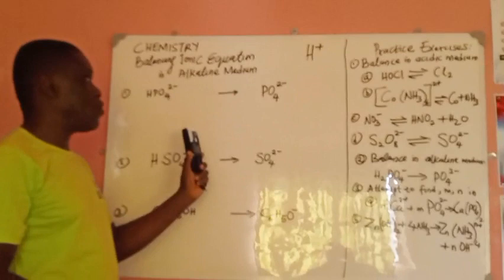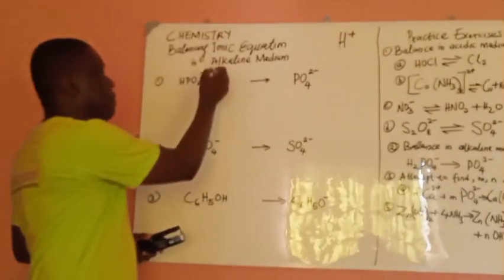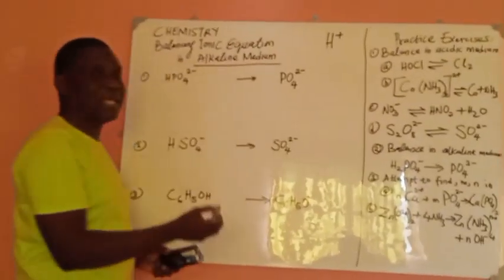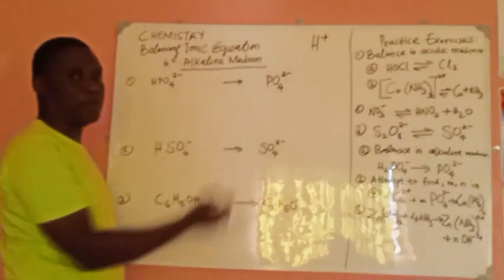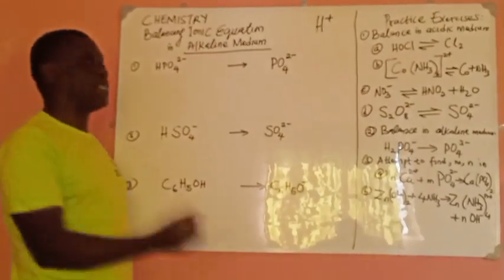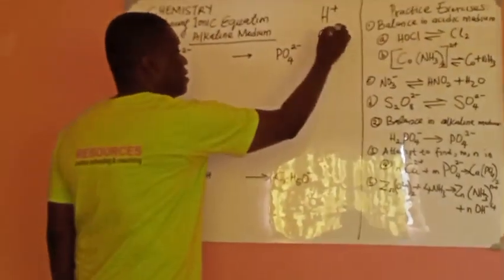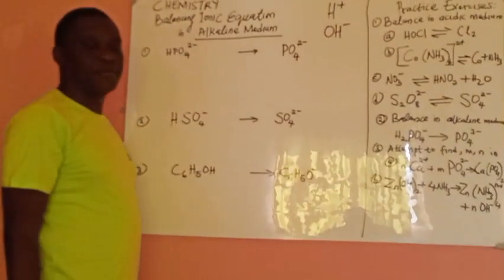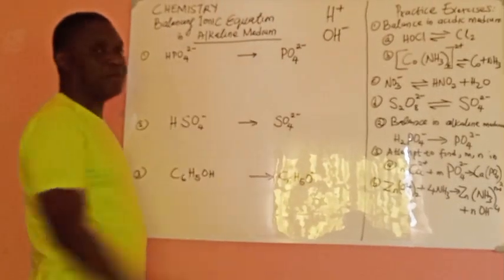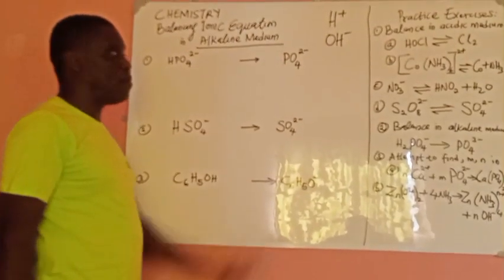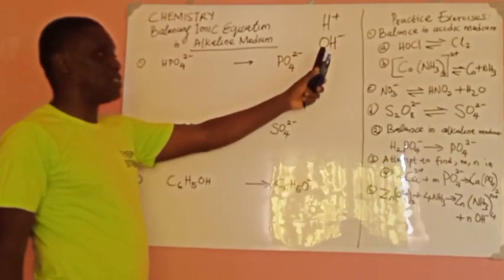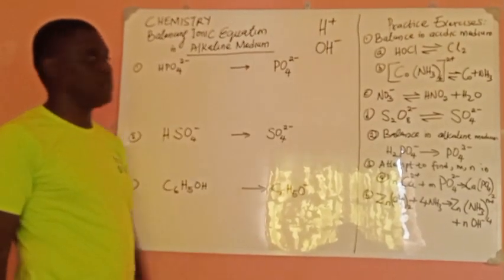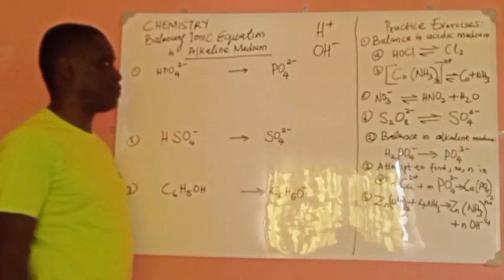But in this case, when you are balancing in an alkaline medium, the symbolic representation is hydroxide ion. You balance by introducing hydroxyl ion, OH negative.